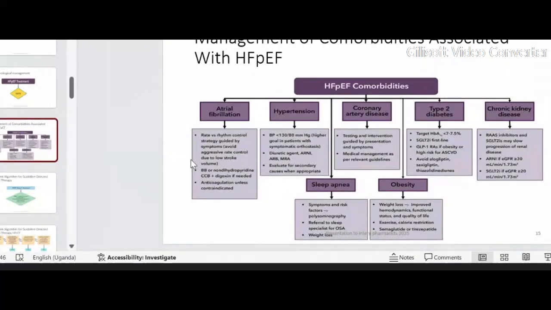Patients can have obesity and they also have HFpEF. For patients who have obesity, we know the drugs to use: GLP-1 receptor agonists like semaglutide and liraglutide can be used to reduce weight. And remember, when you reduce weight, you're taking away a risk factor for very many cardiovascular diseases.